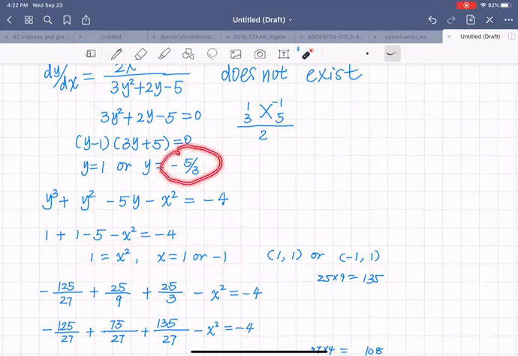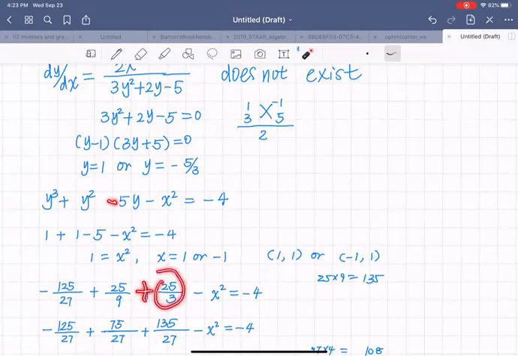Now let's check over here. This guy cubed is negative 125 over 27 plus 25 over 9. That's right, yes? And here, minus is positive. That's 25 over 3, right?